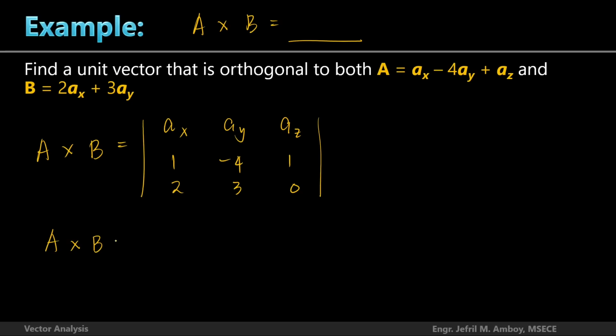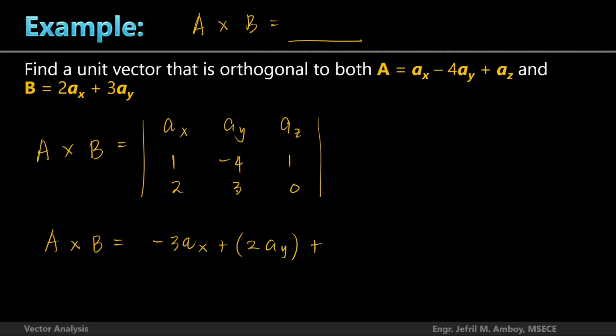A cross B equals, for Ax, that's 0 minus 3. So that's negative 3 Ax plus, for Ay, it's 2 minus 0. So that's 2 Ay. And for Az, okay, that's 1 minus negative 8.